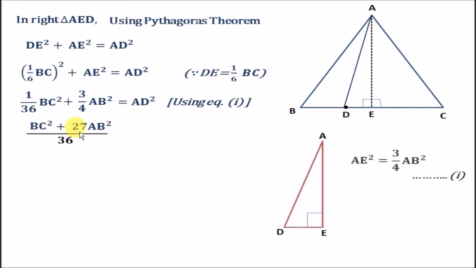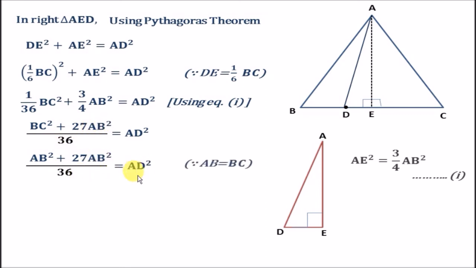So plus 27 AB square equals to AD square. Again, we will replace BC with AB, as we need AB in the proof. So in place of BC square, we will write AB square plus 27 AB square by 36 equals to AD square, since AB equals to BC, sides of an equilateral triangle.